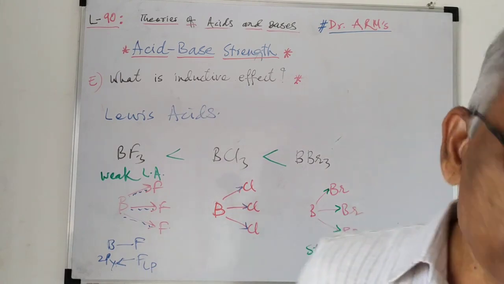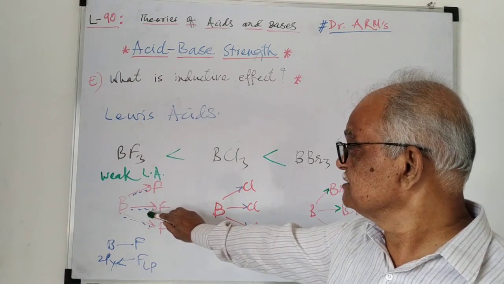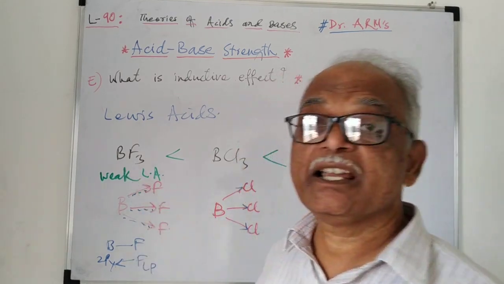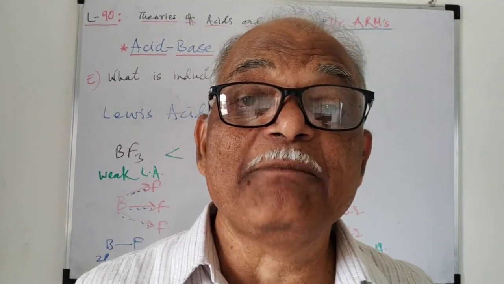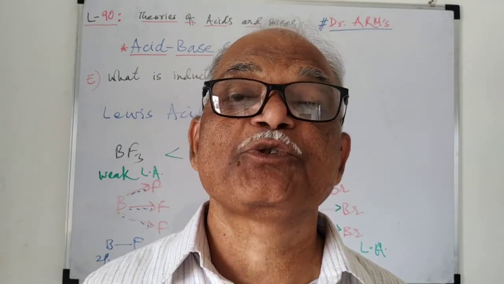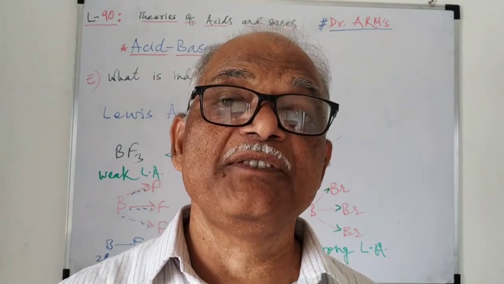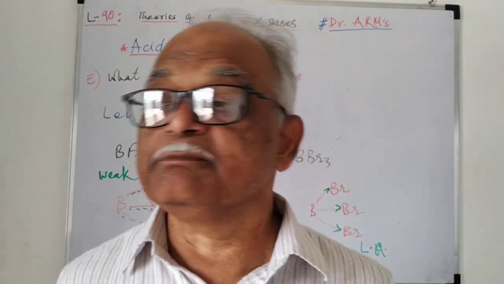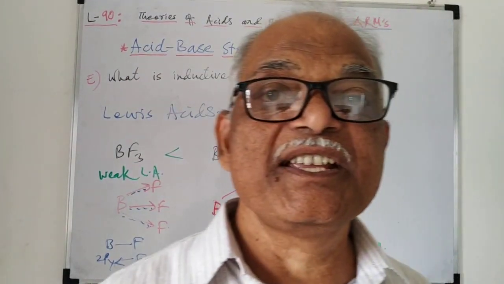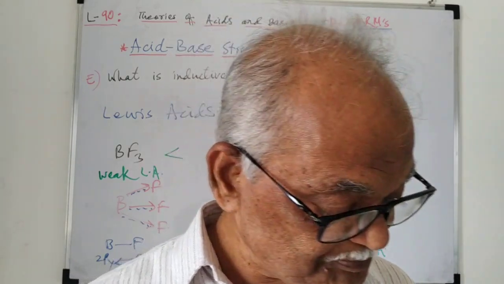So in this way, the pi bonding effect makes BF3 a weaker acid, though we were expecting it to be a strong Lewis acid. But in this case, BBr3 is the strongest Lewis acid.